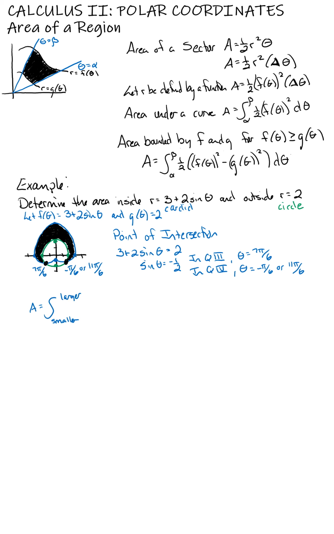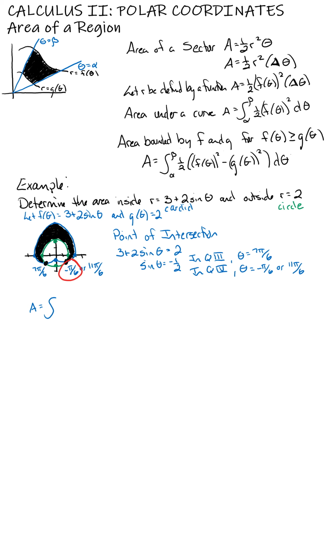So my limits of integration have to be in a particular order or things get a little messed up. To ensure that I'm going in the proper order, I'm going to use the negative pi over 6 and not the 11 pi over 6.